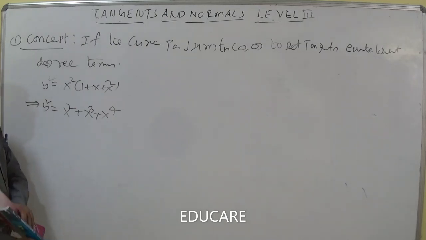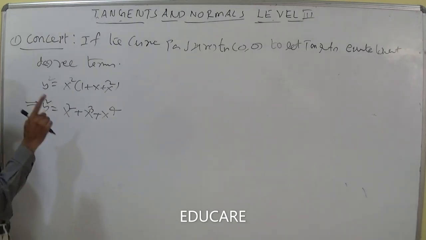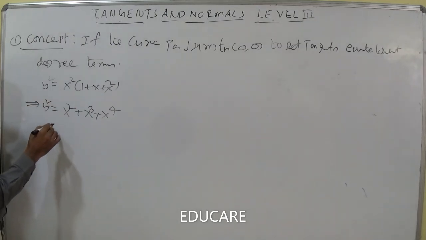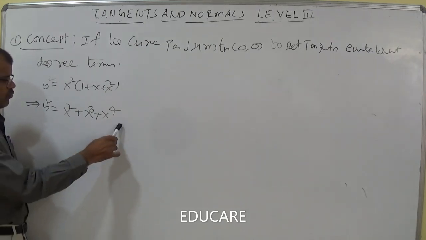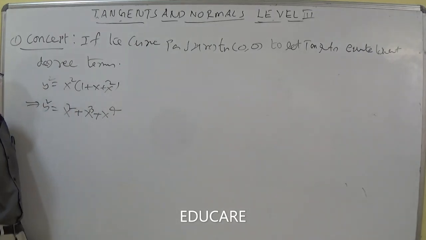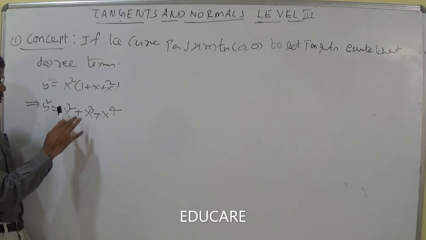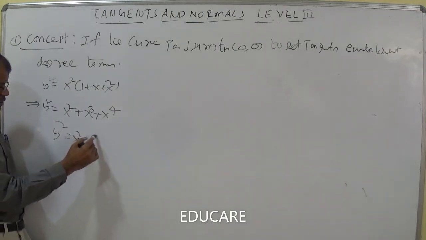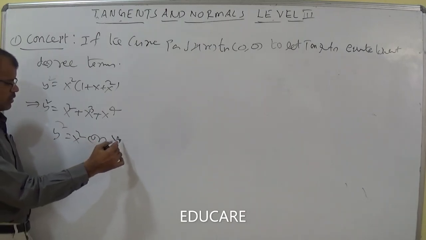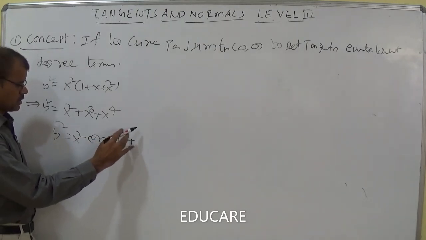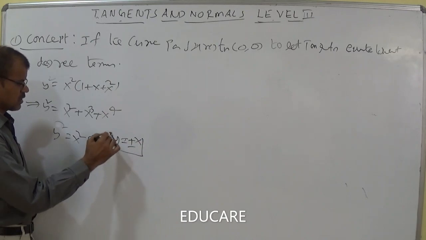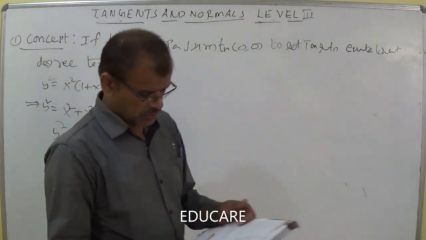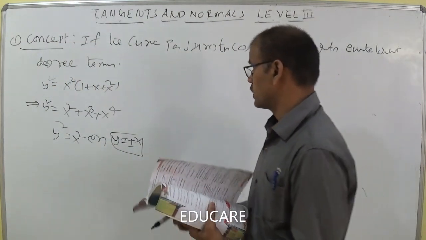So 0 equals 0. Whenever the curve passes through the origin, to get the equation of tangents, you should compare the lowest degree terms. Here 4, 3, 2 are there, so equate the lowest degree on both sides. So here you should write y square is equal to x square, or simply y equals plus or minus x. That's all. So it is the equation of the tangents.